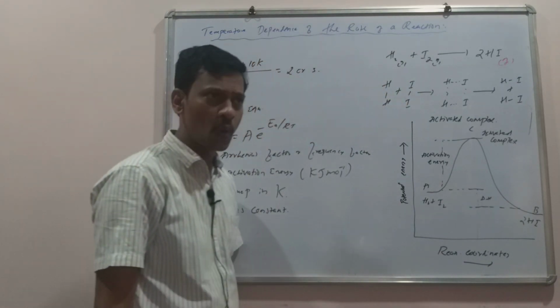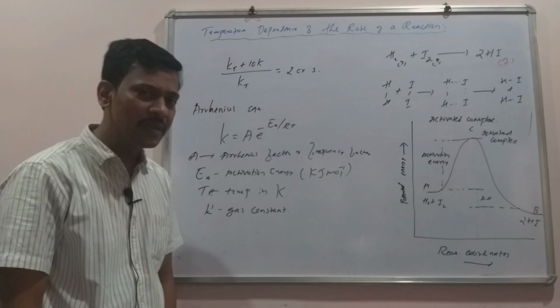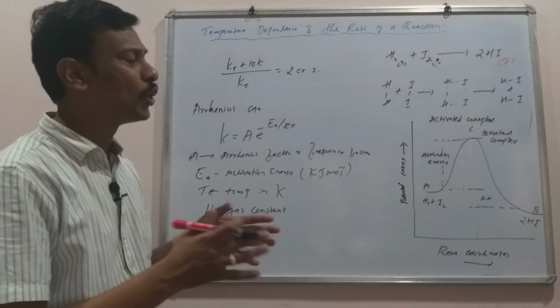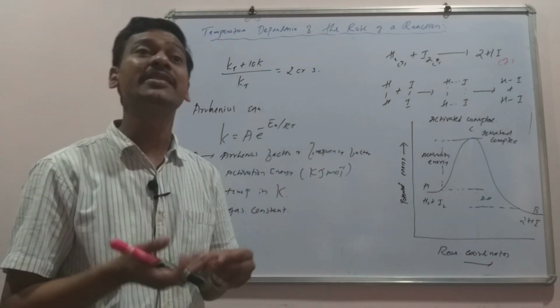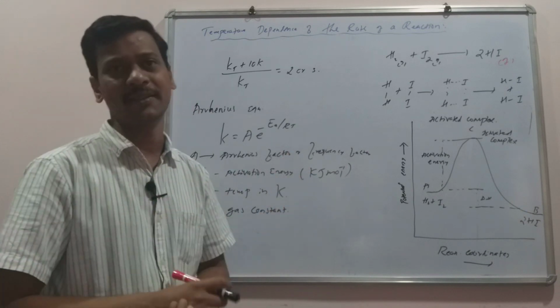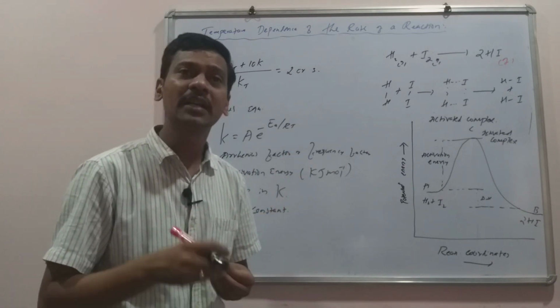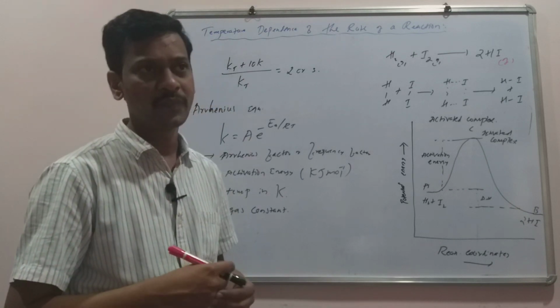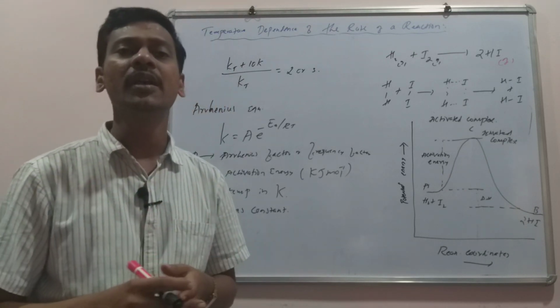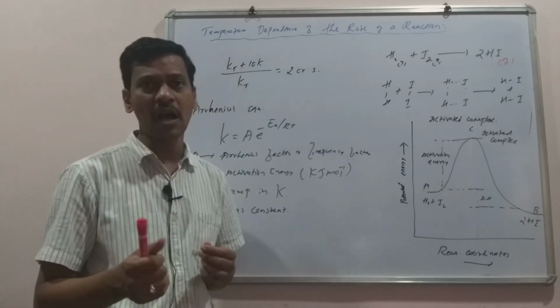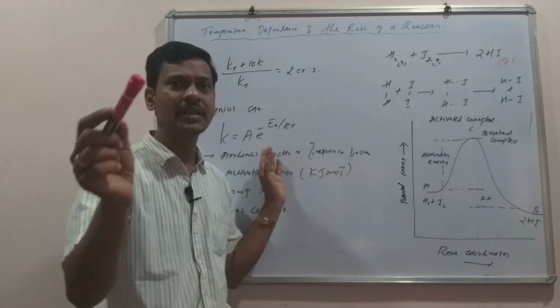According to Boltzmann, all these molecules will not have the same kinetic energy to collide. Therefore, it is very difficult to analyze the kinetic energy of a single molecule, and hence they give the probability graph that can be explained here.